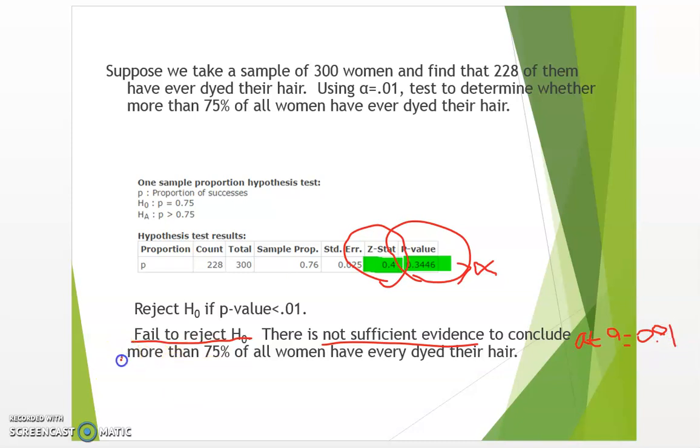Fail to reject is the same as fail to accept the alternative. So the meaning of the alternative is that more than 75% of all women have ever dyed their hair. So the same procedure as we did before.